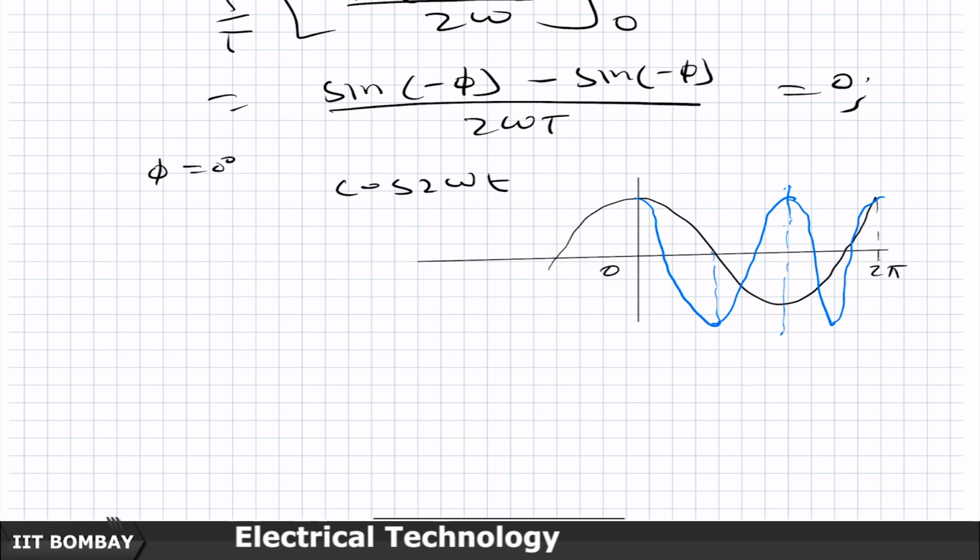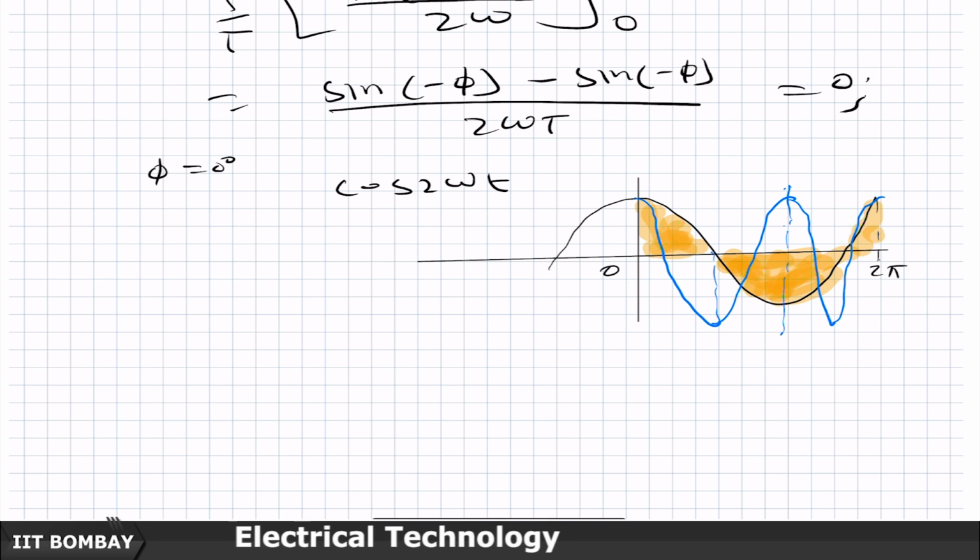But you can very clearly see that whether it is the fundamental frequency waveform, the area that it covers in one cycle is 0, because this area and this area, two quarter cycles, add together and make a half cycle area, and this is the negative half cycle area.